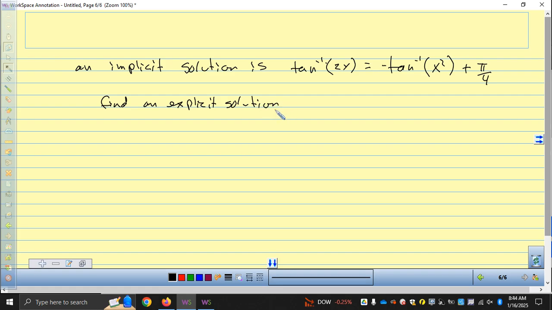Going to take the tangent of both sides. So 2y equals the tangent of, I'm going to change the order here, pi over 4 minus the inverse tangent of x squared.